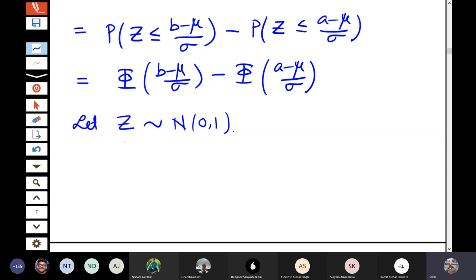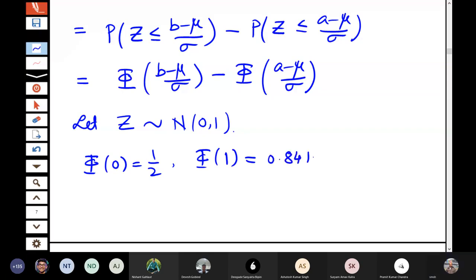You just look at certain important things there. For example, you will see that phi of 0 is half. That means the probability up to 0 is half, which is true, of course, because it is the median. Then let us also look at phi of 1. Phi of 1 is 0.8413.